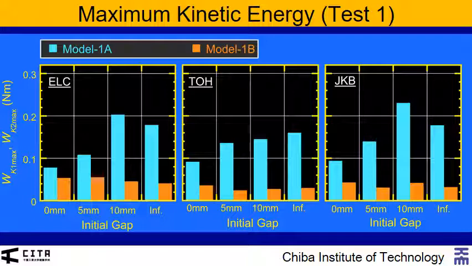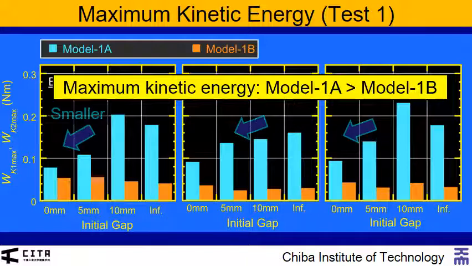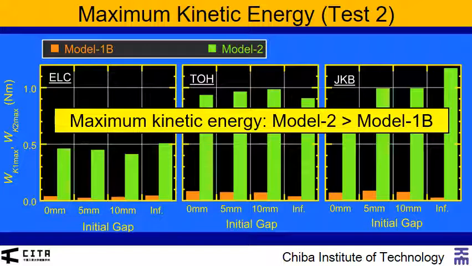Next, I would like to show you the maximum kinetic energy in test 1. As shown here, the maximum kinetic energy of model 1A is larger than model 1B. This figure also shows that the maximum kinetic energy of model 1A is smaller in the case of a smaller initial gap. Here is the maximum kinetic energy in test 2. As shown here, the maximum kinetic energy of model 2 is larger than model 1B.